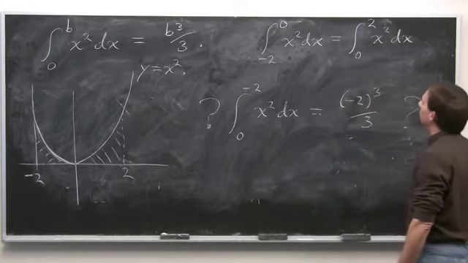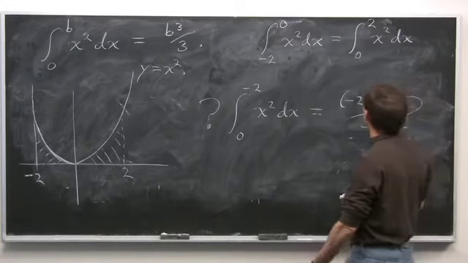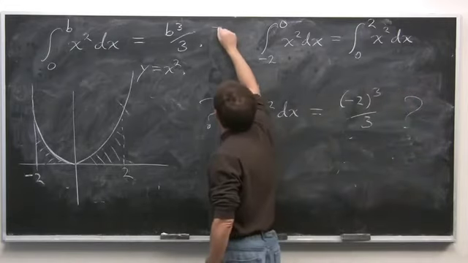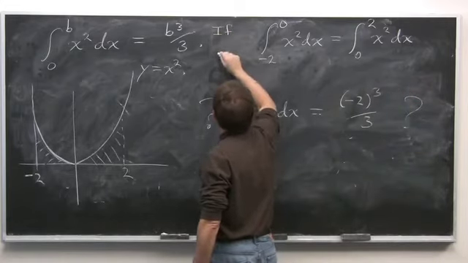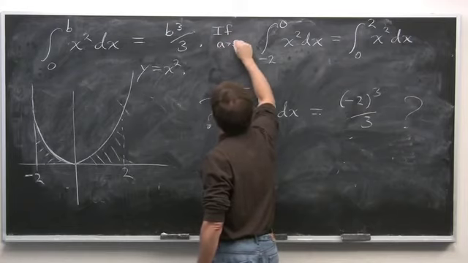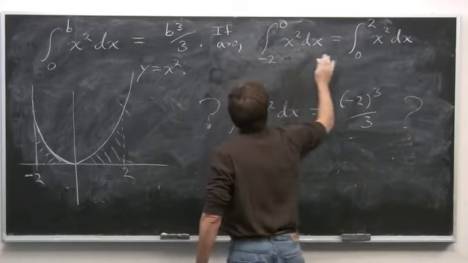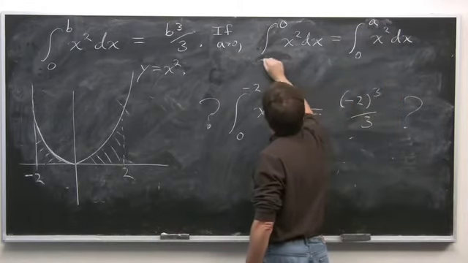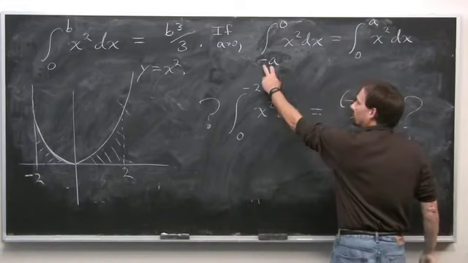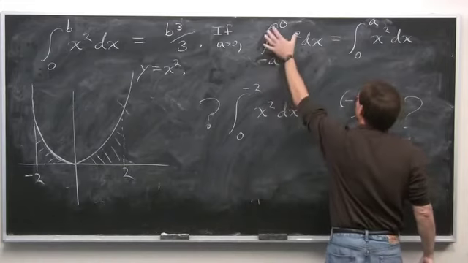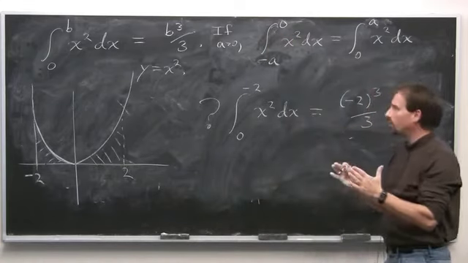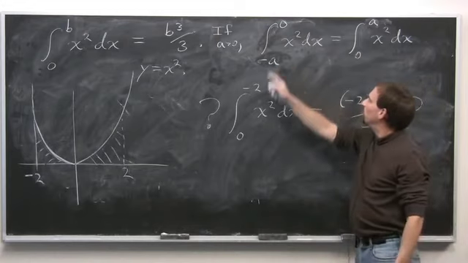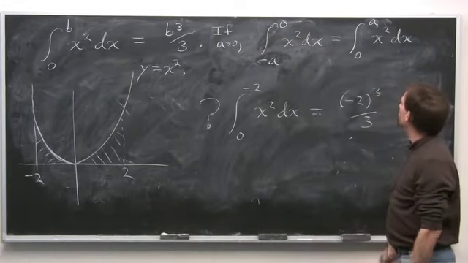And in particular, I'm claiming, let's pick a neutral letter, if a is positive, then this is true. Negative a is, of course, negative, so this is in the correct direction. It goes from a smaller number to a bigger number, and those areas are the same.